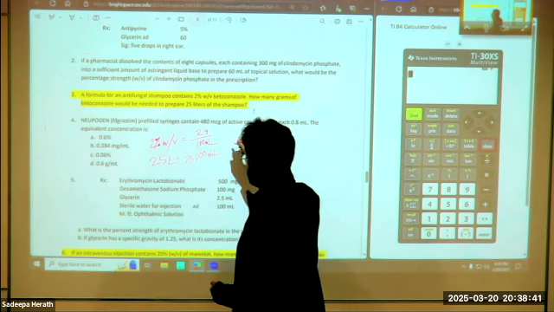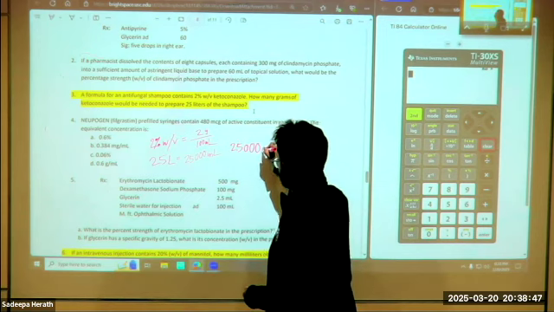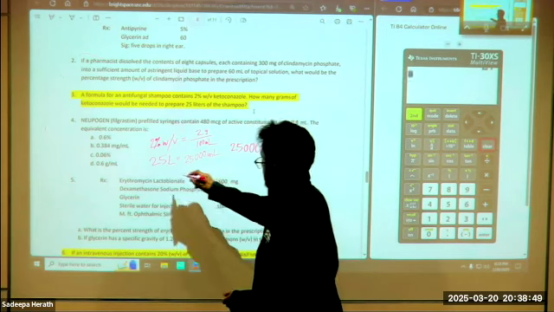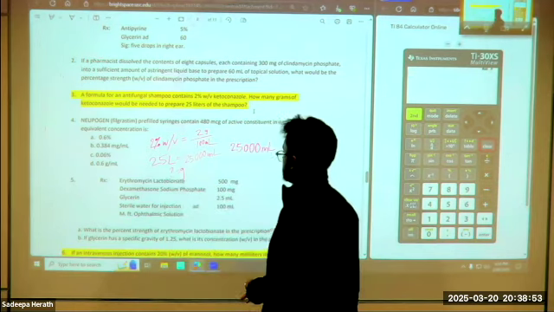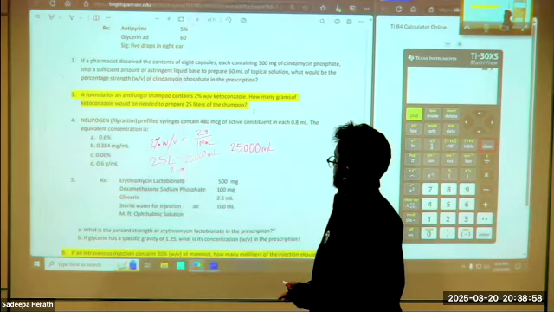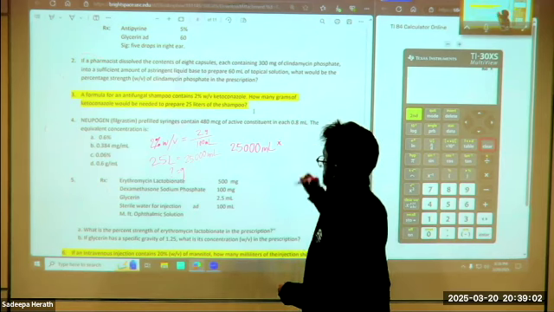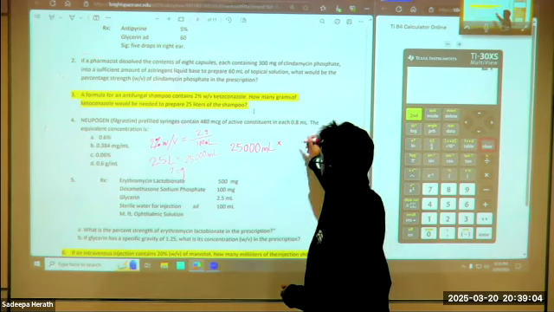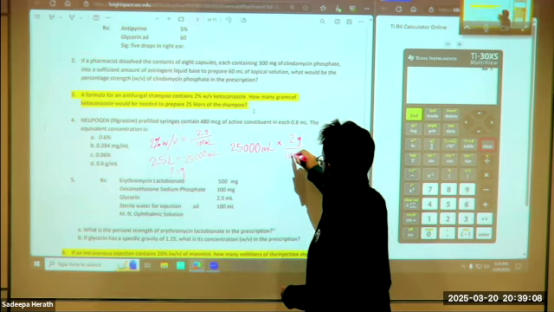So 25,000 ml, we're looking for grams, right? And so we can go 25,000 ml, times 2 grams per 100 ml.